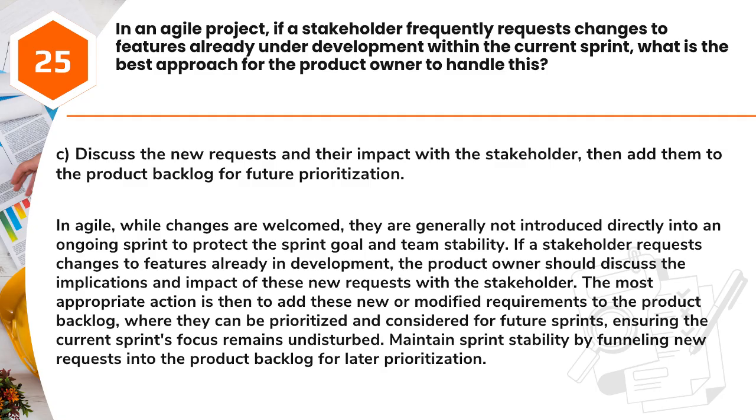The most appropriate action is then to add these new or modified requirements to the product backlog, where they can be prioritized and considered for future sprints, ensuring the current sprint's focus remains undisturbed. Maintain sprint stability by funneling new requests into the product backlog for later prioritization.